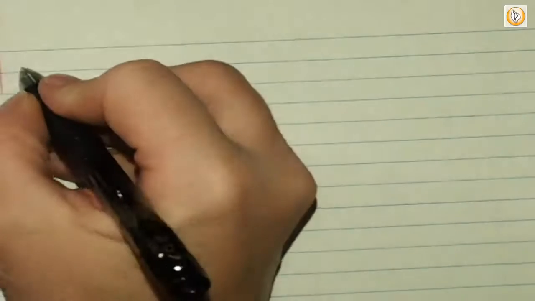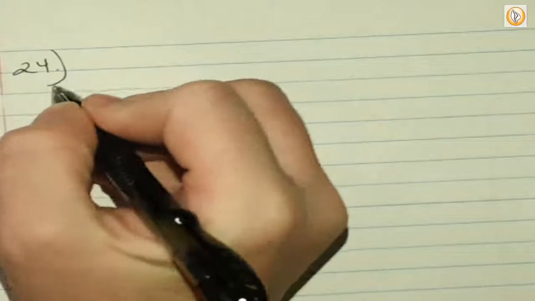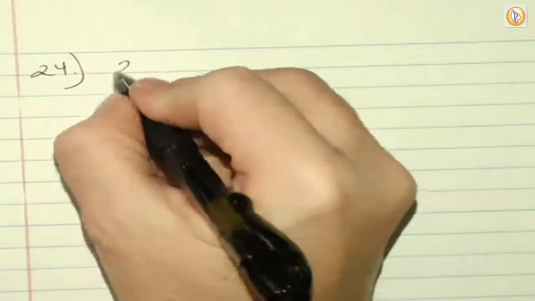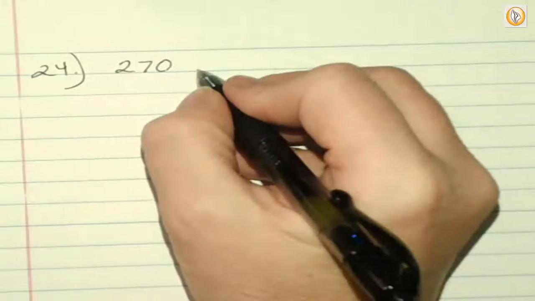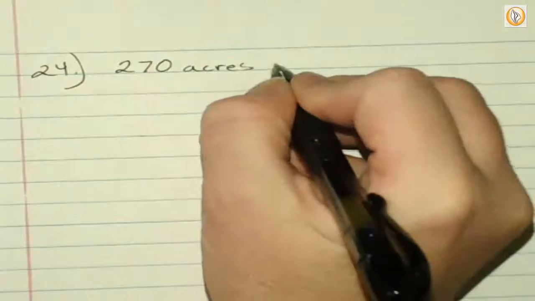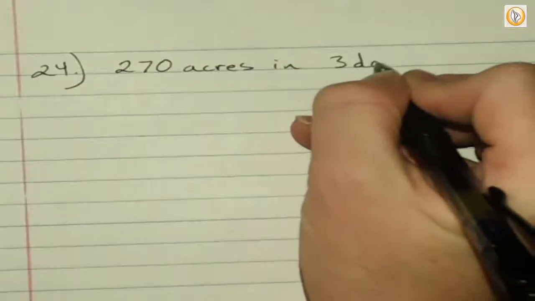Let's move down to 24, unit rate. All right, 270 acres in 3 days.